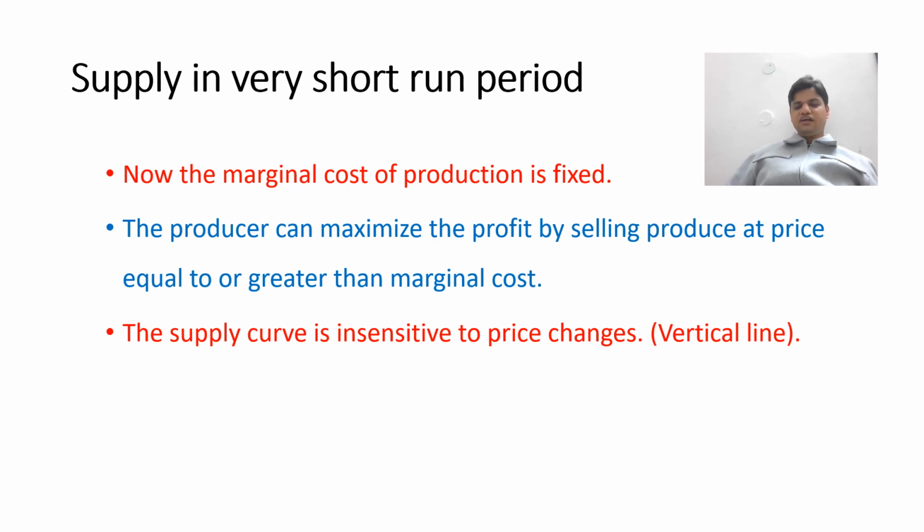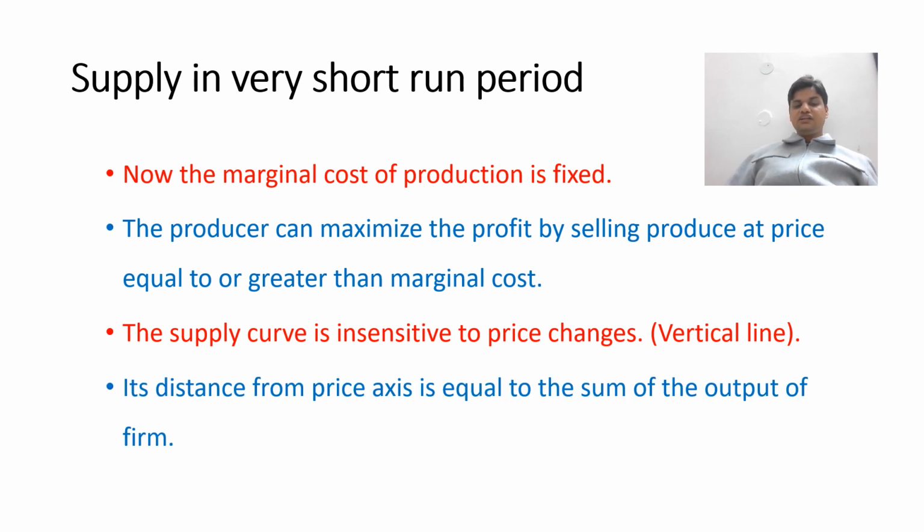If you have price on y-axis and quantity supplied on x-axis, the supply curve is just a vertical line. Its distance from the price axis is equal to the sum of output of the firm. So whatever the firm is trying to supply as output, that is the distance between the y-axis and the supply curve.